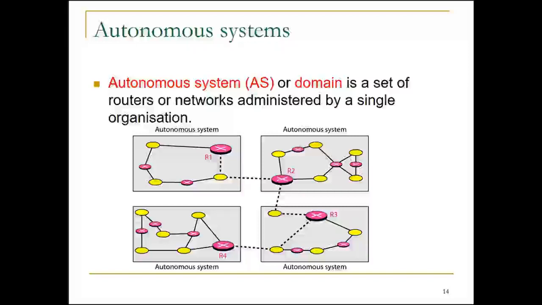So ideally, it's very prudent for them to have their own system where they manage their own network, so they can provide better services to their users or subscribers much more efficiently and reliably. So autonomous systems are one of the key ways to go if an organization wants to manage its sets of networks or routers autonomously or completely by themselves.